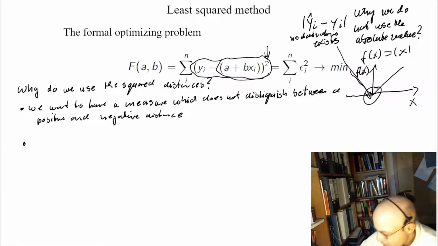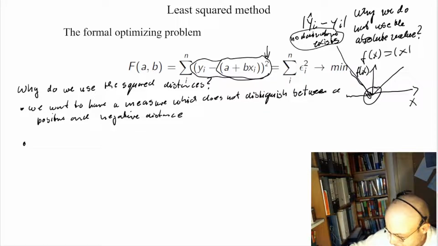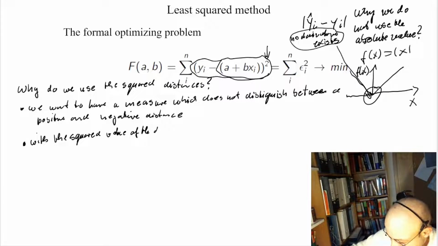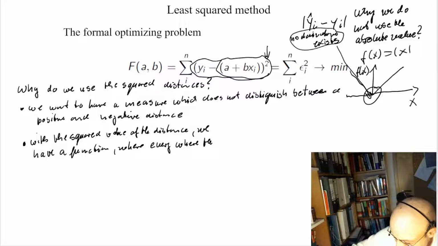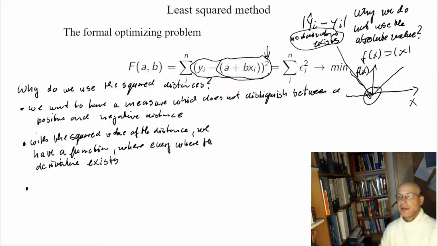So this would be the second reason: with the squared value of the distance we have a function where the derivative exists.